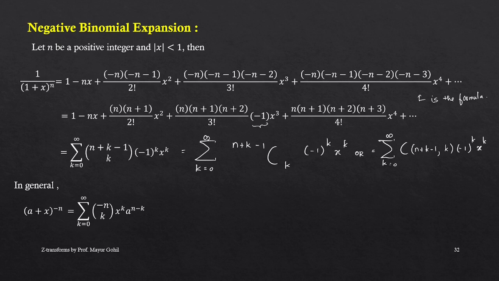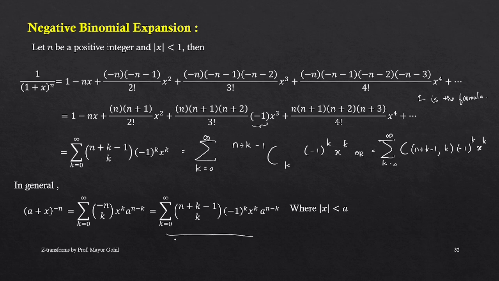So that minus n choose k, on further simplification, becomes n plus k minus 1 choose k times minus 1 to the power k. That is the equivalence of the coefficient over there. And this expansion is valid when mod x is less than 1. So this is another simplified version of the negative binomial expansion.